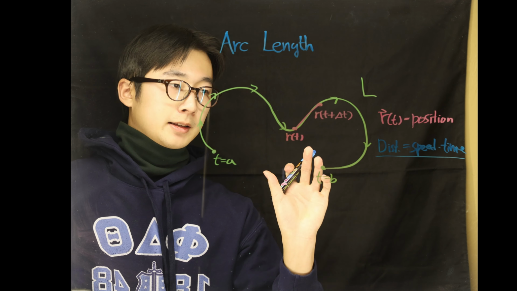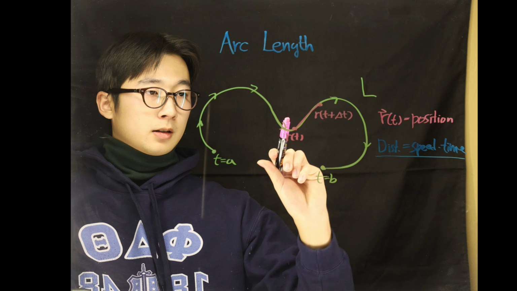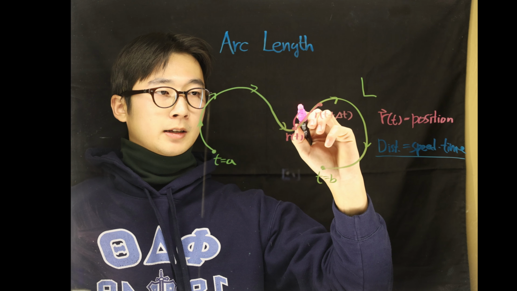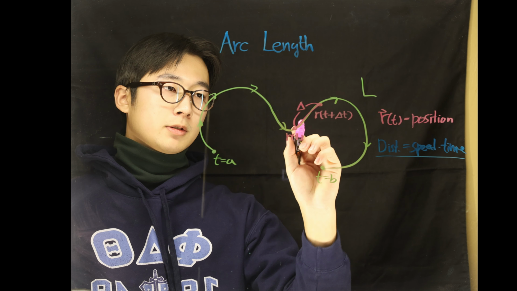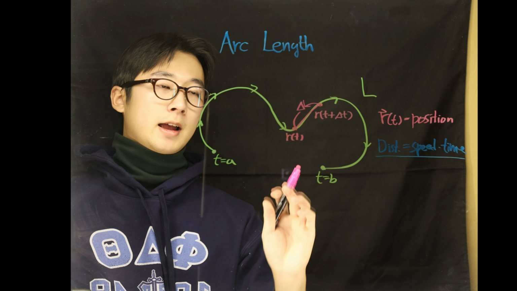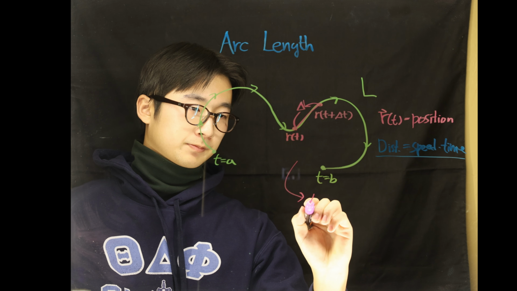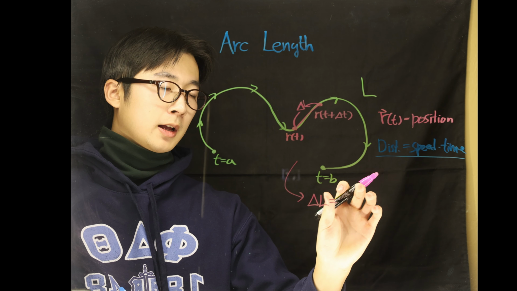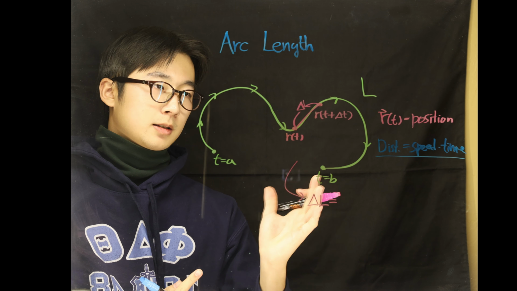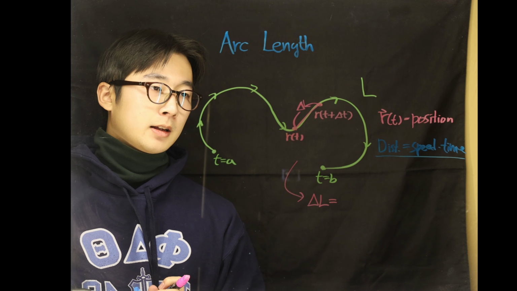We are going to use the same formula. For now, we are interested in finding the distance between 2 points. I want to call it delta L. So delta L should be equal to some kind of rate times time t, right?